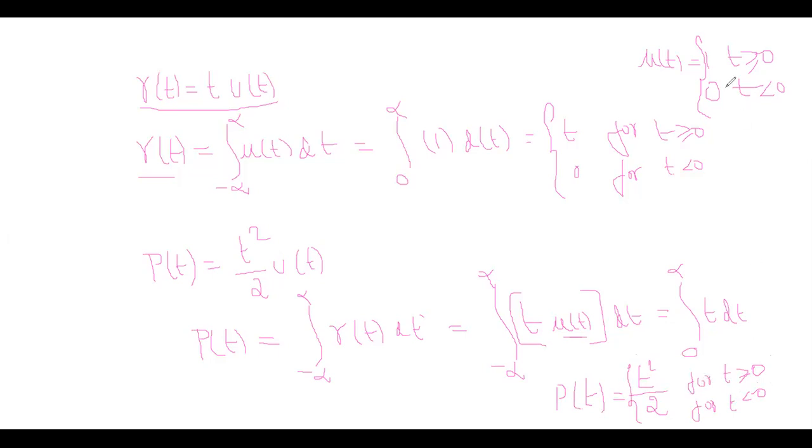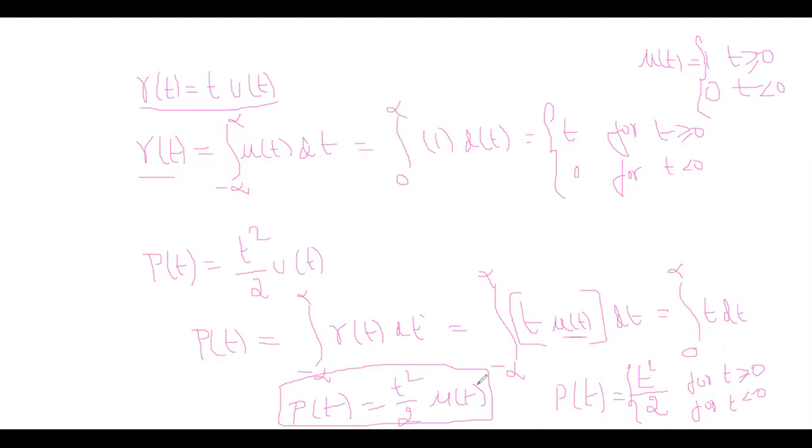Otherwise, if t is greater than or equal to 0 the value is 1, and if t is less than 0 the value is 0. So finally, you can write p of t is equal to t square by 2 into mu of t. Now we got this function.